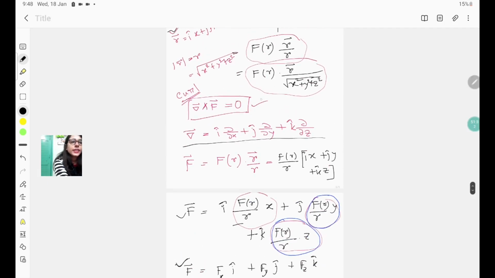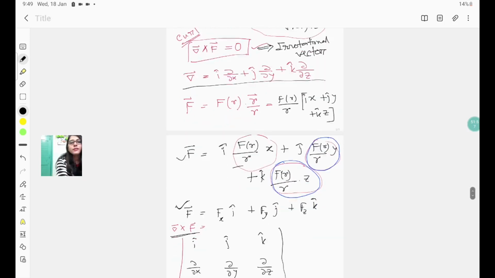Okay, so this is an irrotational vector. Why? As the curl of this vector becomes 0, it is an irrotational vector, and as the curl of this vector becomes 0, this one becomes a conservative vector.